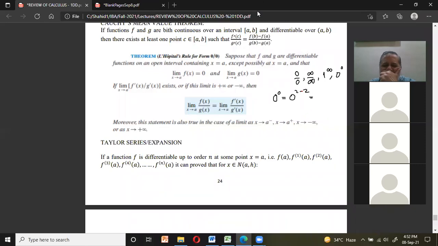It will become 0 power 2 times 0 power minus 2, which becomes 0 power 2 upon 0 power 2. So 0 power 2 is 0, 0 power 2 is 0. So this is the fundamental indeterminate form.